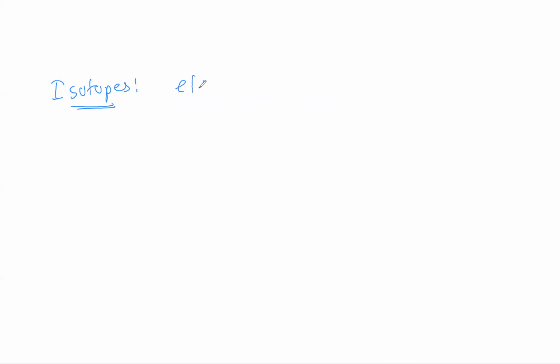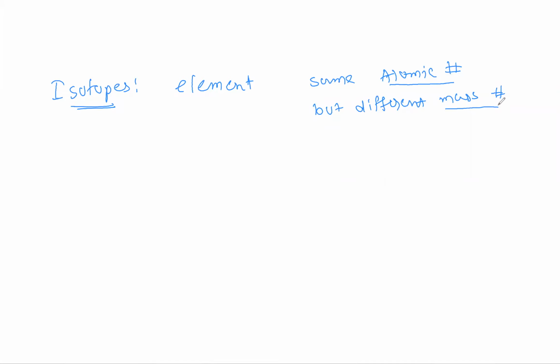So it is an element that has the same atomic number but different mass number. Now, I think we did it so many times, so you know that atomic number is equal to number of protons and mass number is equal to number of protons plus neutrons.